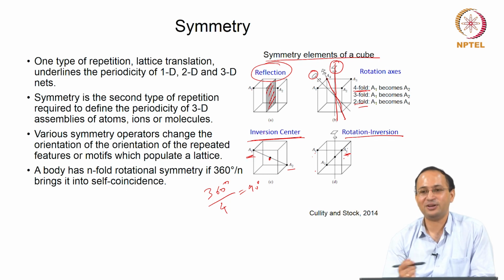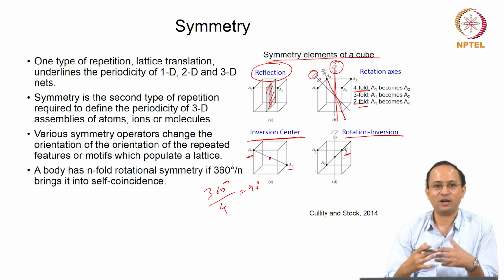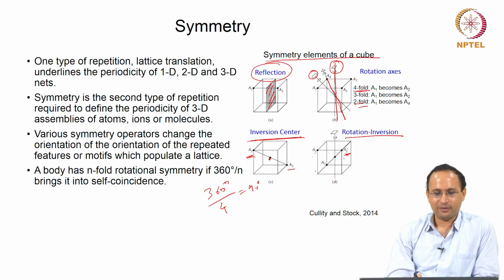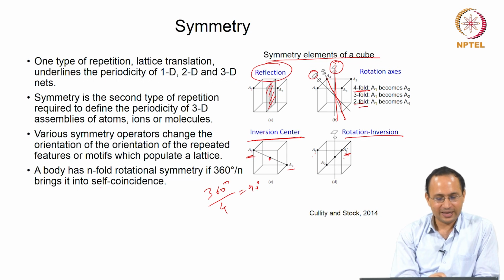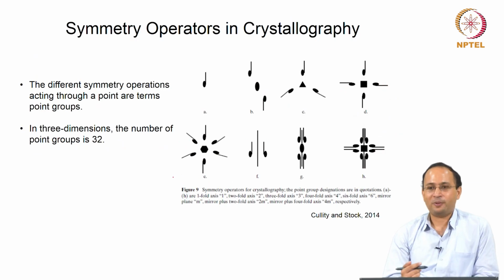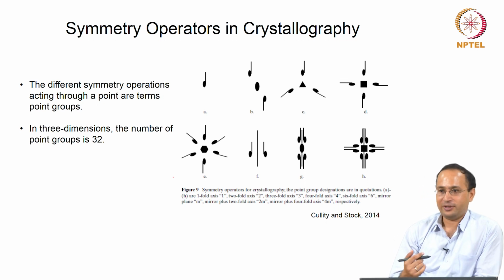So these are the symmetry elements. You can have this kind of arrangement in a system, that is what we will come back to. So a body has n-fold, this is clear. Again these symmetry operators we are talking about.